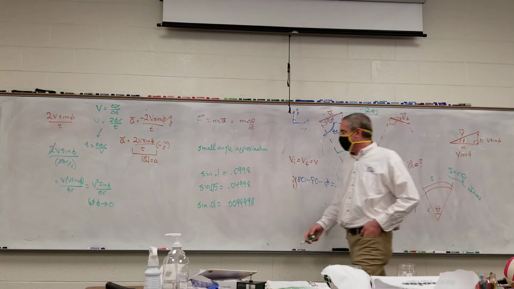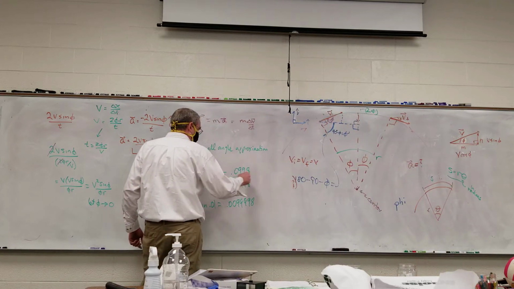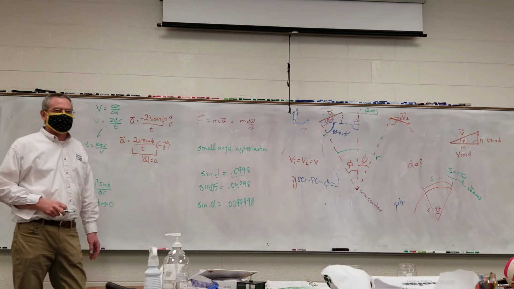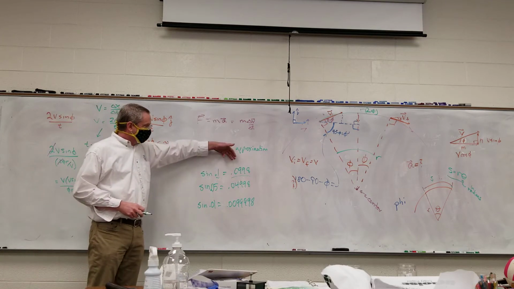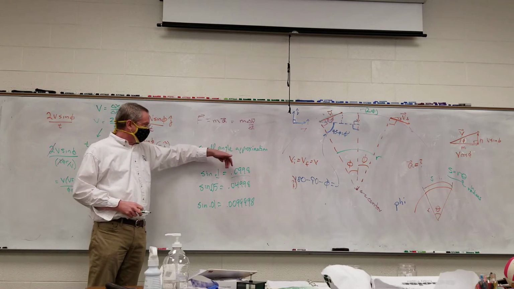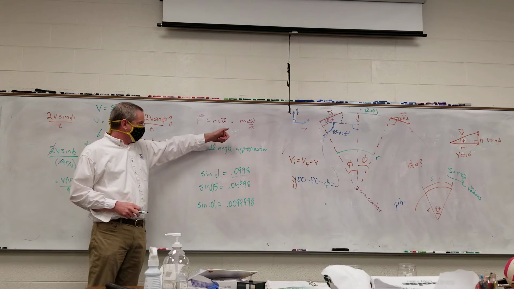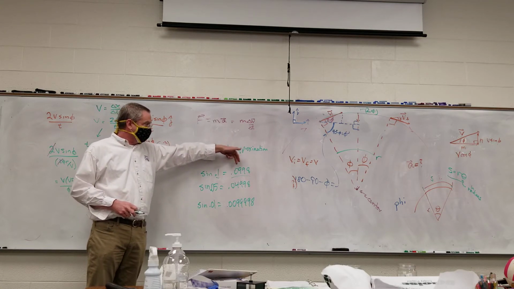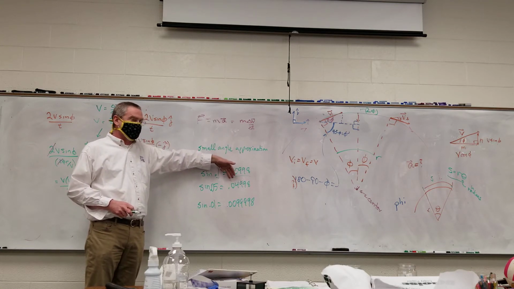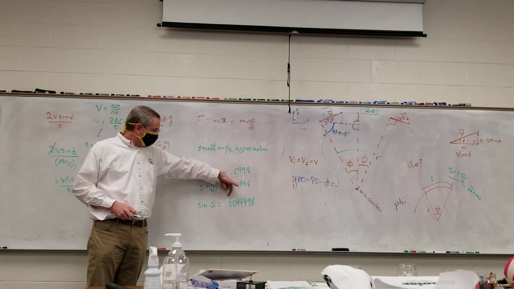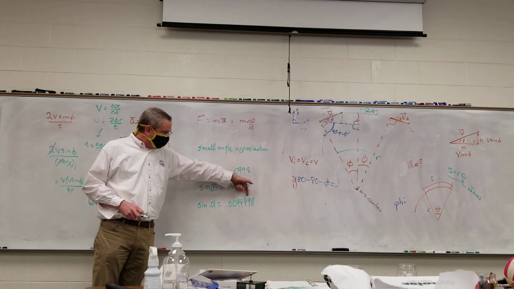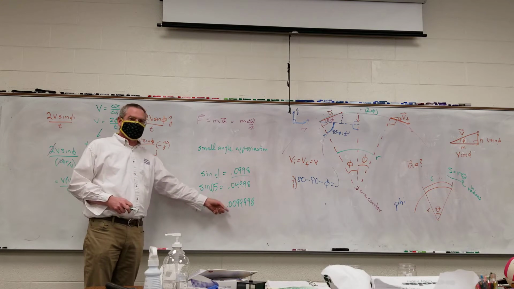Notice that the sine of the angle and the angle itself are really close to each other. The three significant figures are the same there. Sorry, that would be two significant figures. To 6 significant figures, these are the same.